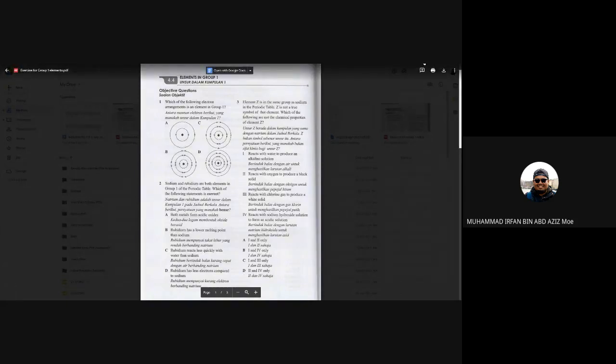Tak perlu, nanti cikgu hantar. Okay, cikgu akan bagi masa pukul 12 and then kita bincang sekejap and then kita endkan kelas. Alright?